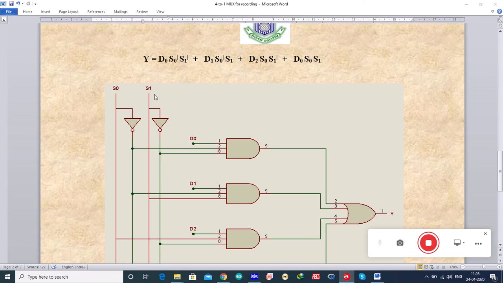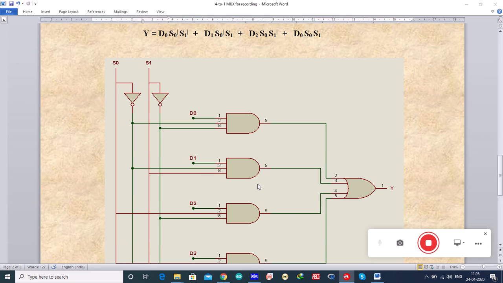If this is 0 and this is 0, this becomes 1 and this becomes 1, so 1, 1, 1 and D0, the first AND gate, is enabled. This is 0, so this AND gate is disabled, and similarly all the other three AND gates will be disabled, only this AND gate is enabled. So whatever is the value on D0 will appear at the output, and the same can be checked with all other possibilities.